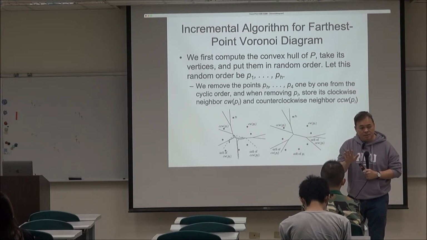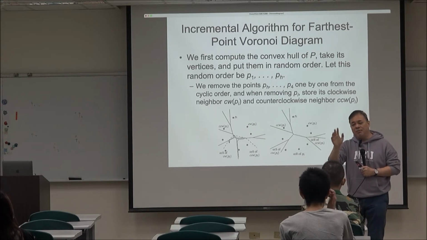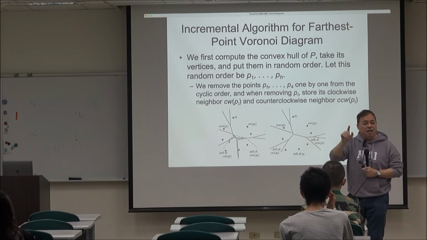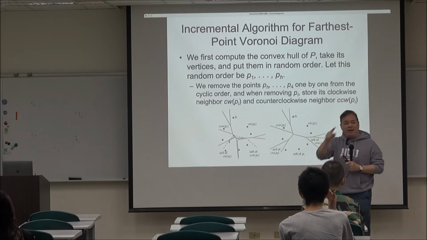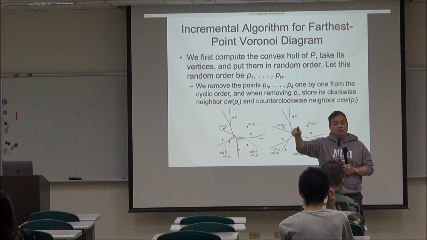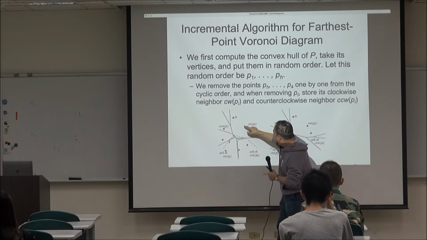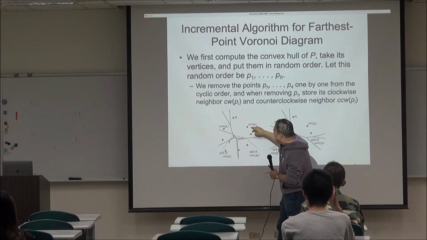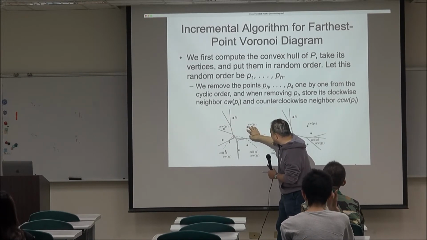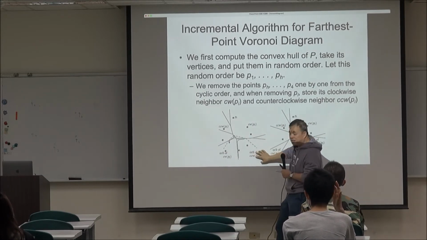Let me tell you this: the clockwise and the counterclockwise neighbors of pi will share one edge, which obviously is a bisector of these 2 sides. For example, if this is pi, this is clockwise pi, this is counterclockwise pi, the clockwise pi cell is here, and the counterclockwise pi cell is here.